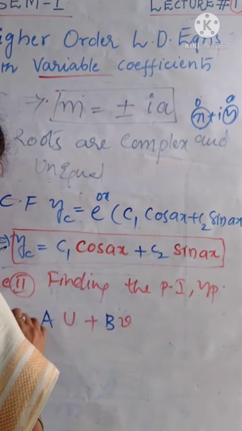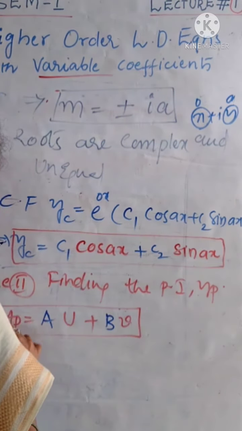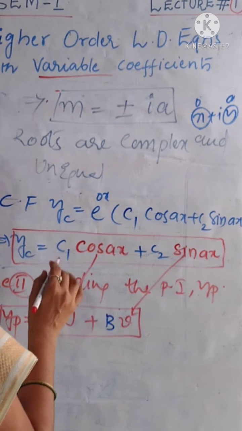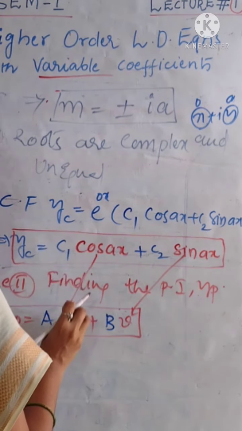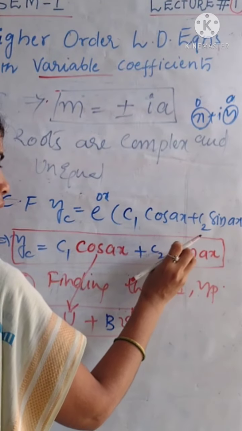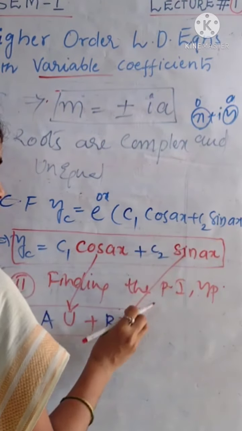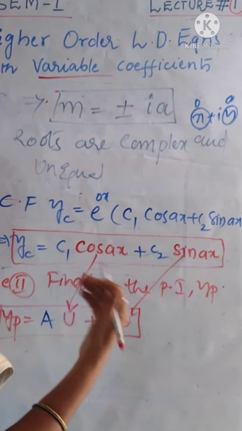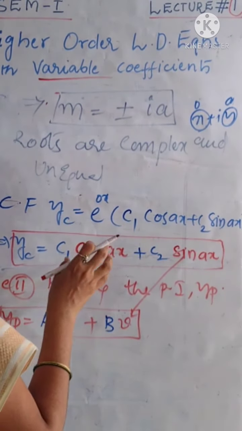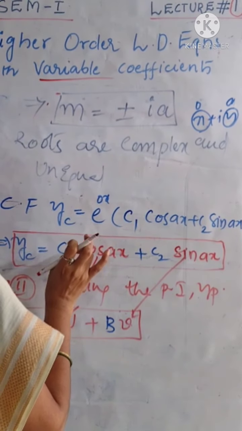What are u and v? U is cos ax, v is sin ax. They are nothing but coefficients: the coefficient of c1 is u, and the coefficient of c2, which is sin ax, is v. Some people asked in the group how we can find v. That is nothing but coefficients.